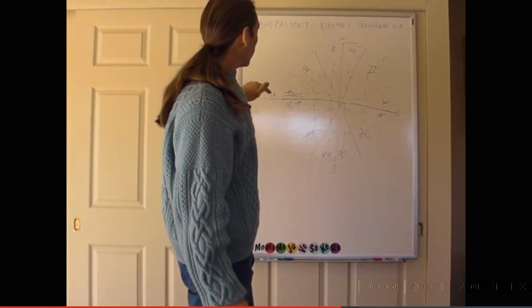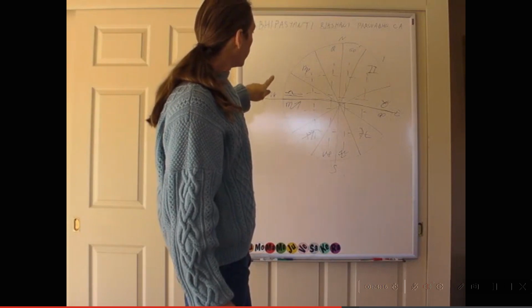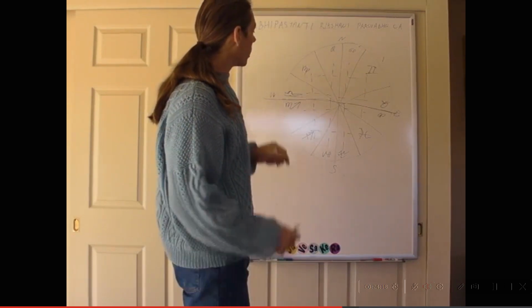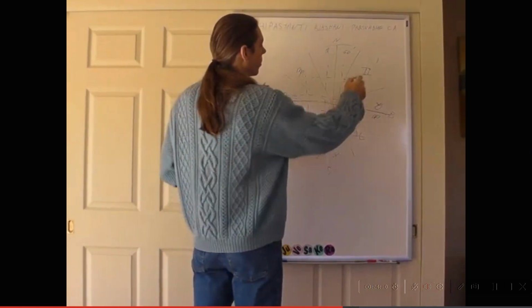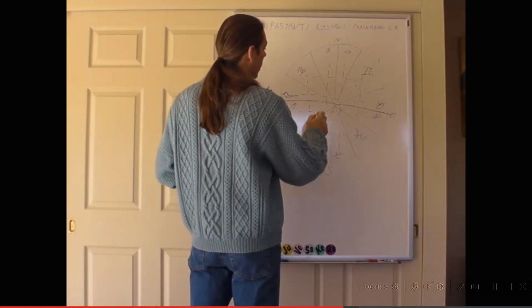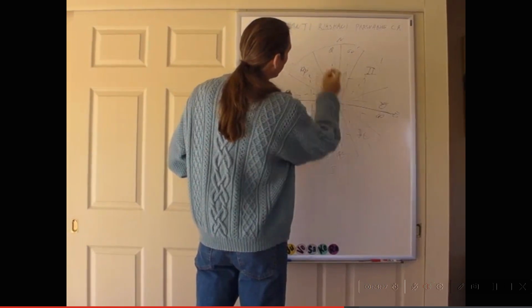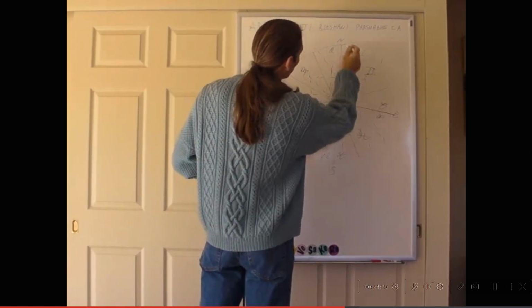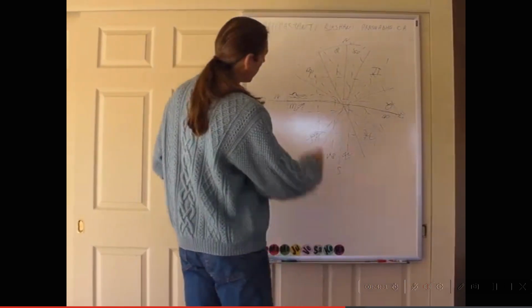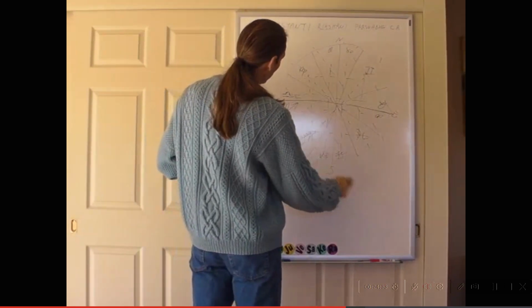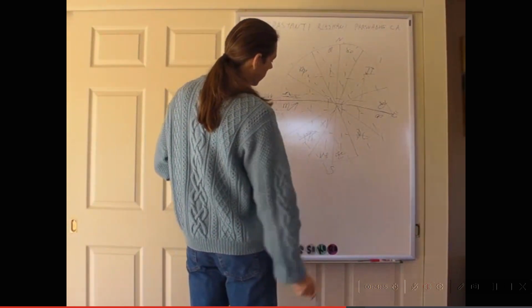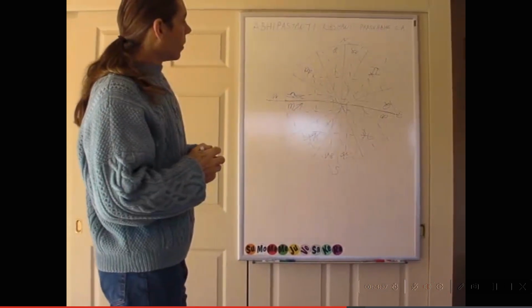Okay? Then we have cross directions. Okay? Where Gemini aspects Sag, Virgo aspects Pisces, Leo aspects Aries, and Cancer aspects Taurus. Okay? Libra aspects Aquarius, Scorpio aspects Capricorn.